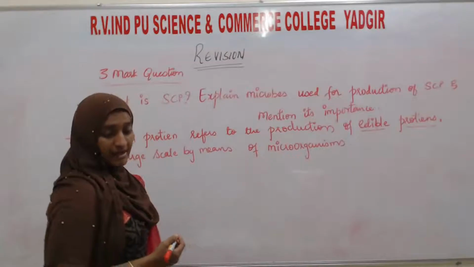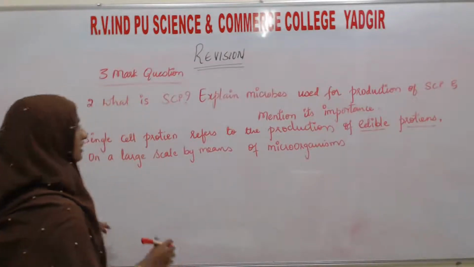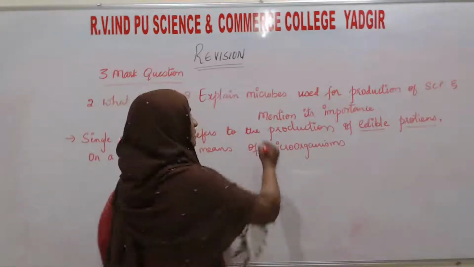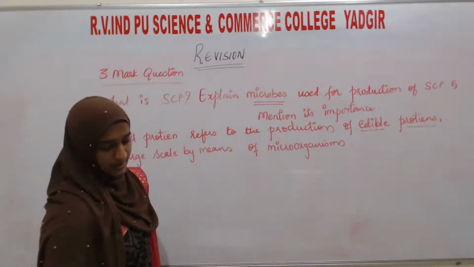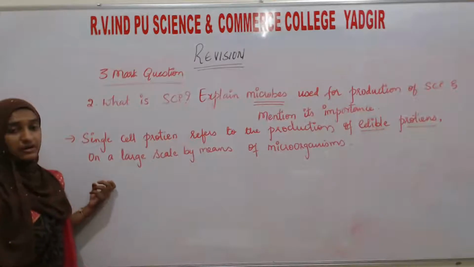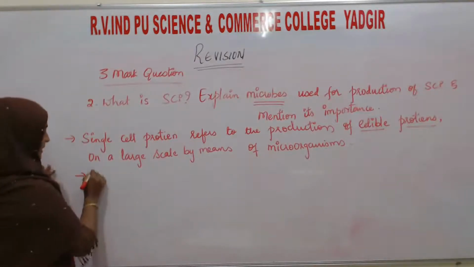Okay, and what are the microbes which are used over here? Here they have told, explain microbes. What are the microbes which are used in the production of SCP? Some of the common microbes used in the production of SCP: first one, that is bacteria.